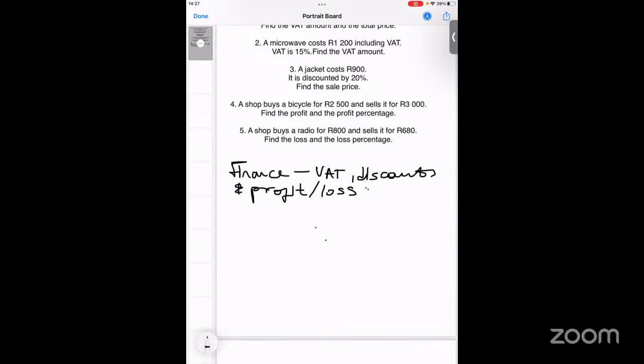So it looks like, in other words, the sale price should be equal to 900 minus 20% of that 900.